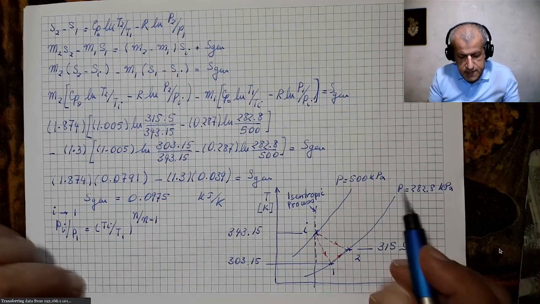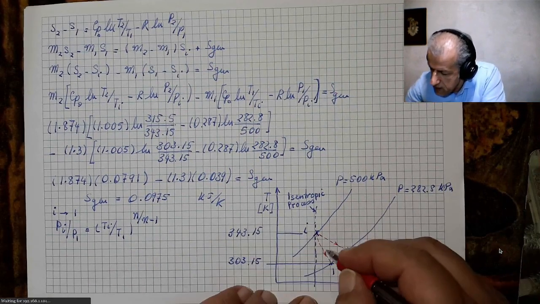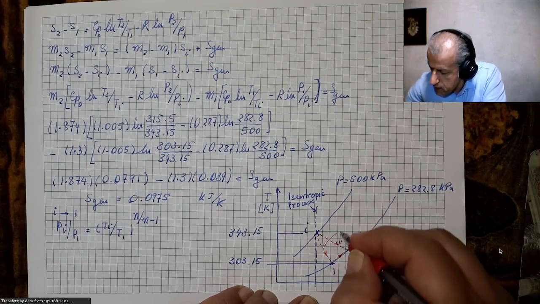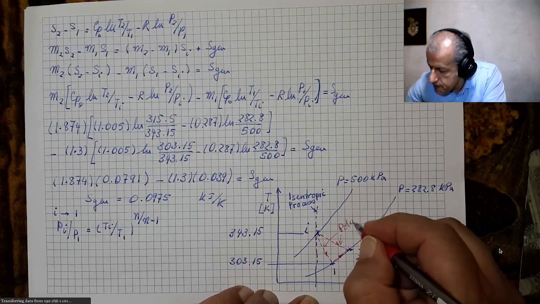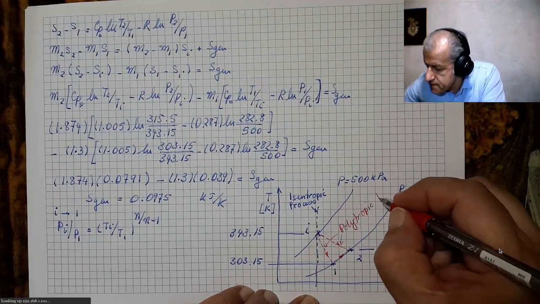So these two red processes I would denote again here as polytropic process.